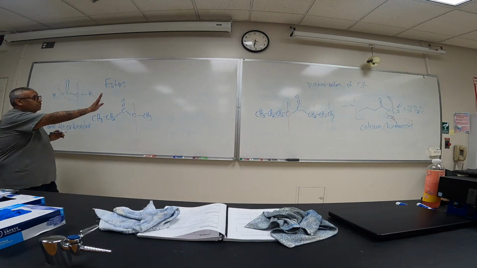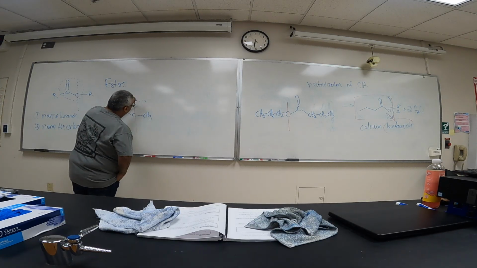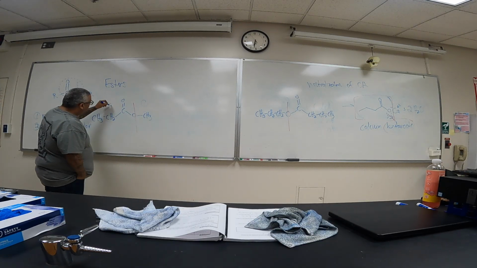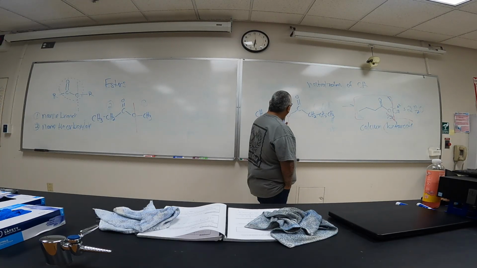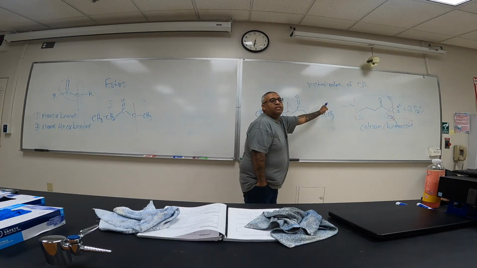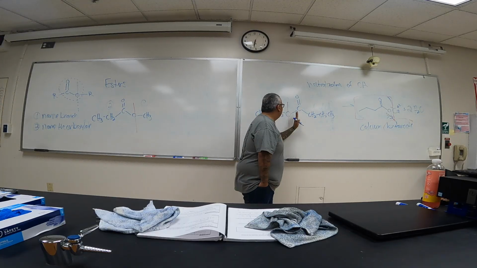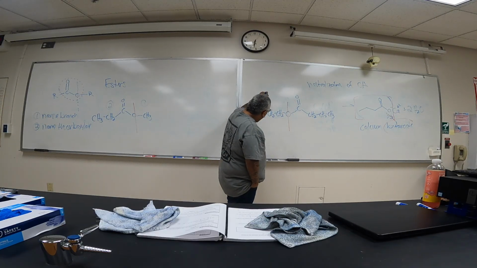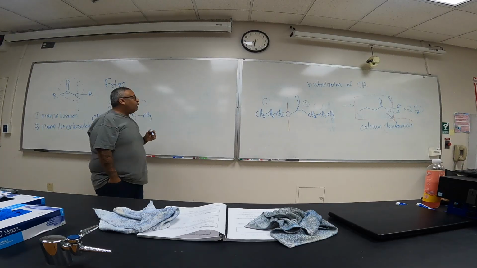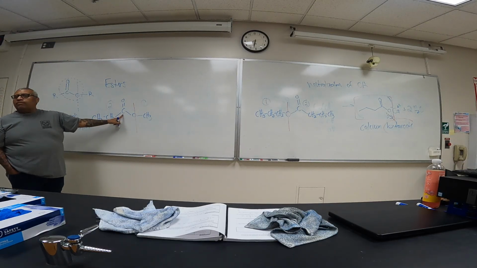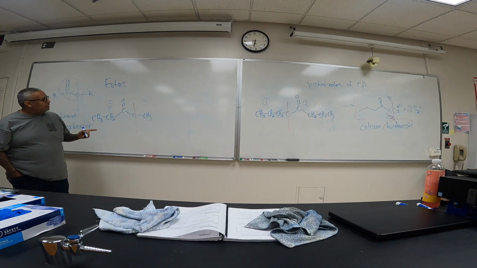So because this side has the branch, we're going to name this side first, and then we'll name this side. If we look at this structure over here, this half is my carboxylate, and this half is the branch. So we would name this first, and then we would name this half here, the carboxylate. That's the half that contains the carbonyl.